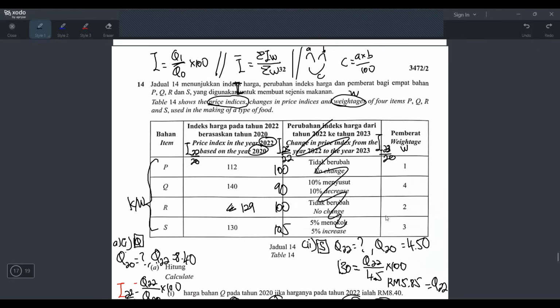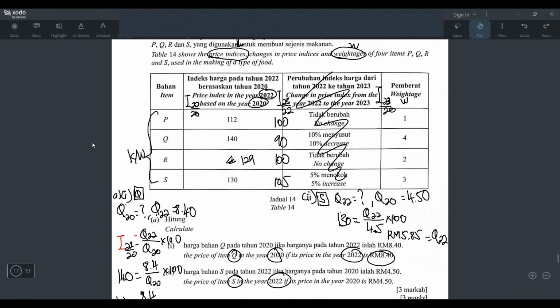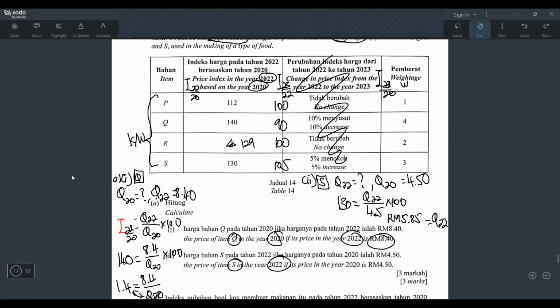Okay, I want to tell you another method, and it's the wrong method. The wrong method is you do one smiley face.